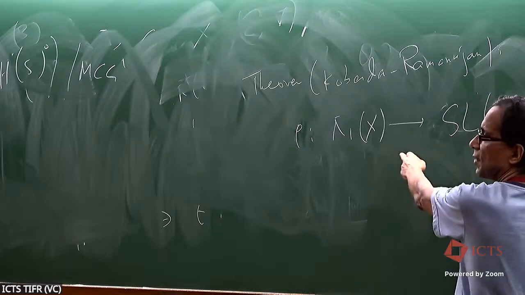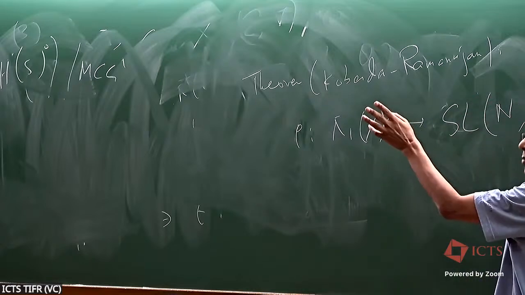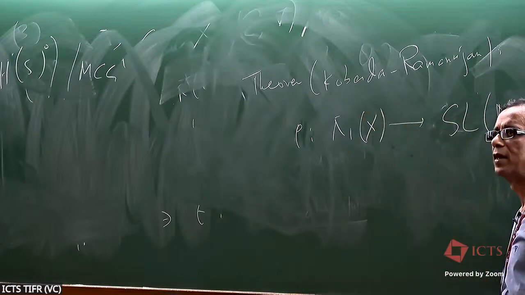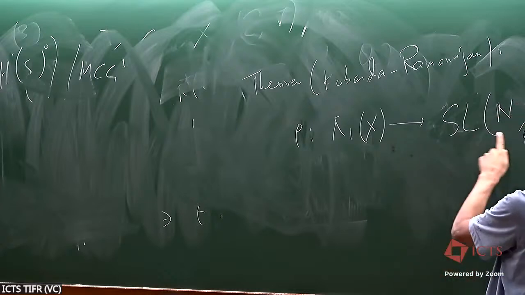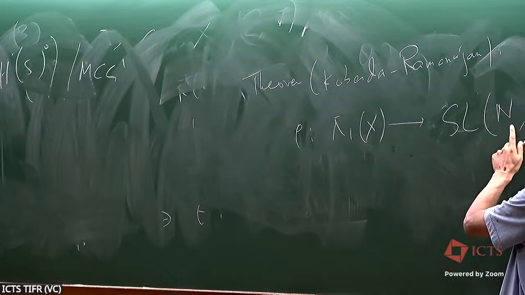So the genus of X can be large, but there are examples, and they have fairly explicit numbers. These are very large numbers.